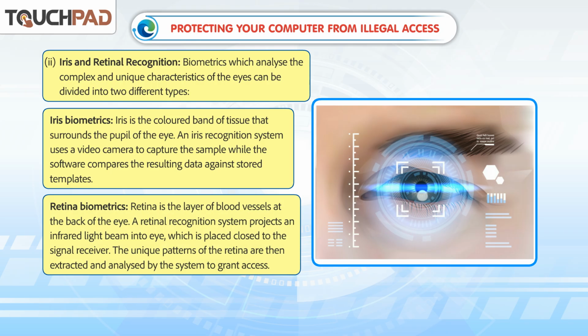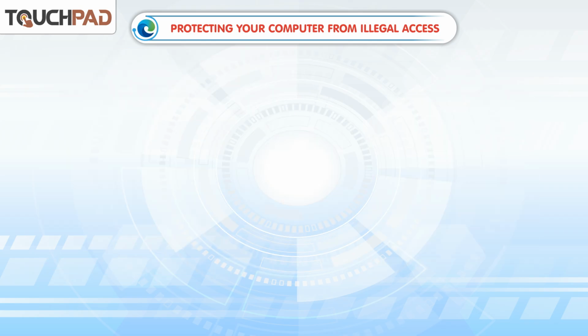Retina biometrics: the retina is the layer of blood vessels at the back of the eye. A retinal recognition system projects an infrared light beam into the eye, which is placed close to the signal receiver. The unique patterns of the retina are then extracted and analyzed by the system to grant access.